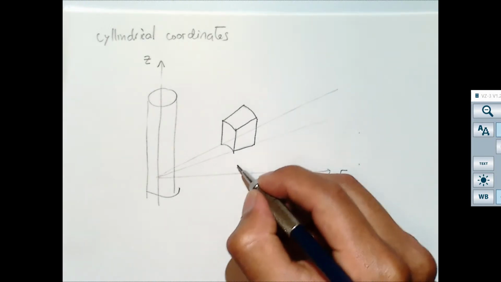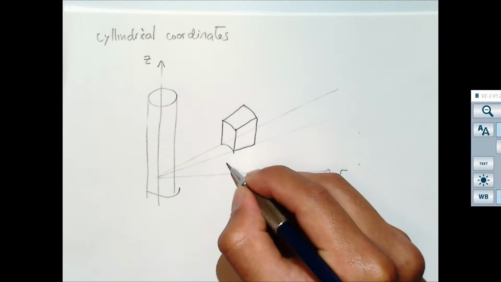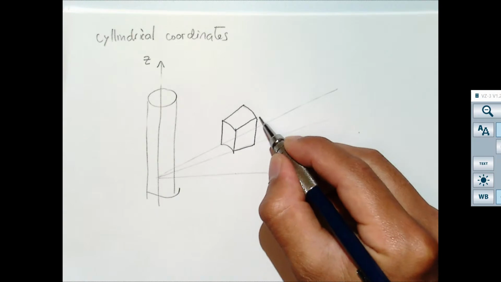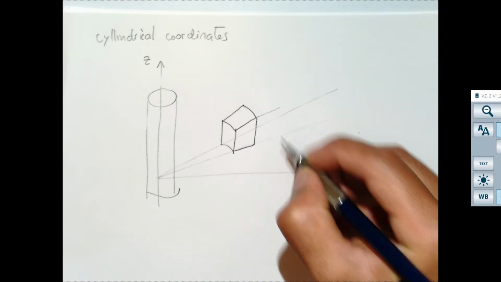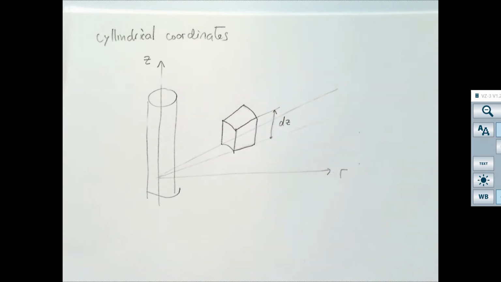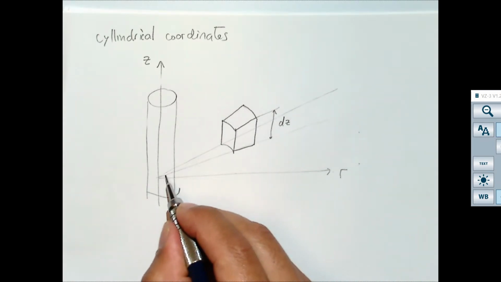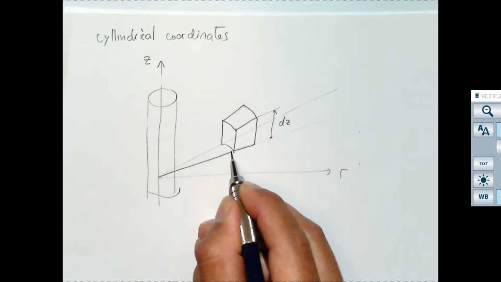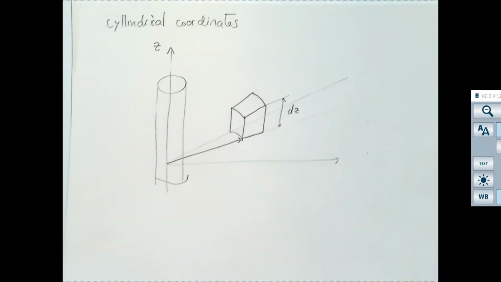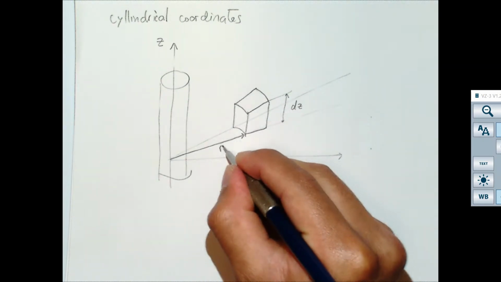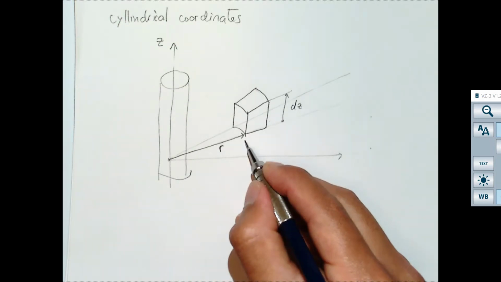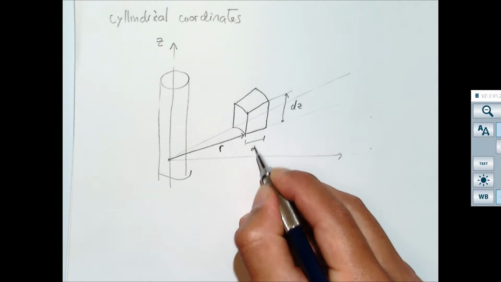Before I do that, let me tell you that the height of this element we're going to call dz. This is going to be located at the distance r, the distance from the center of the axis to the element. This size is going to be dr.